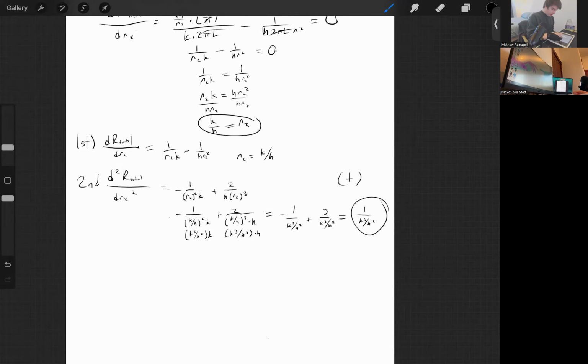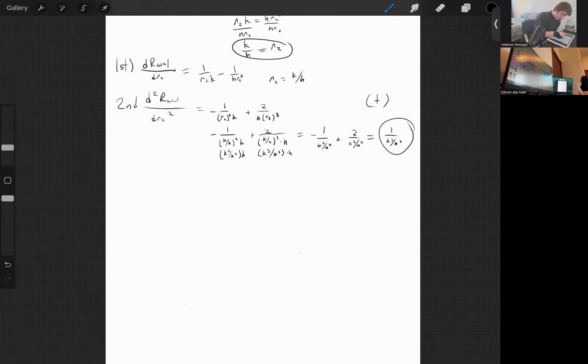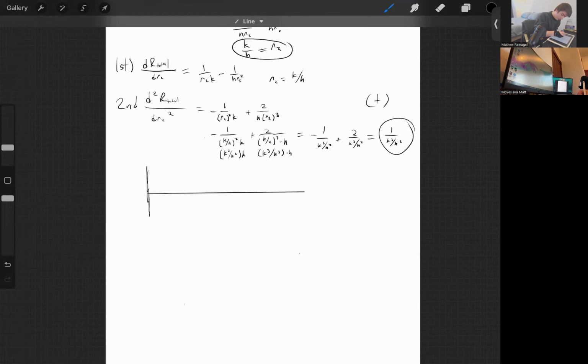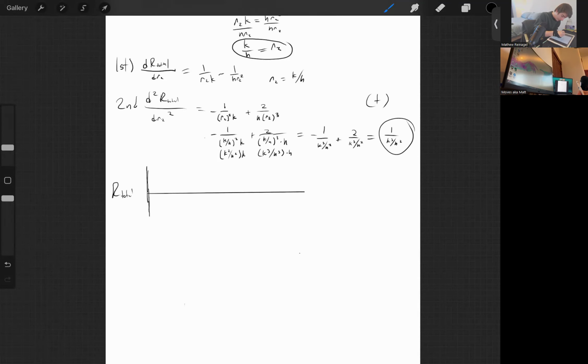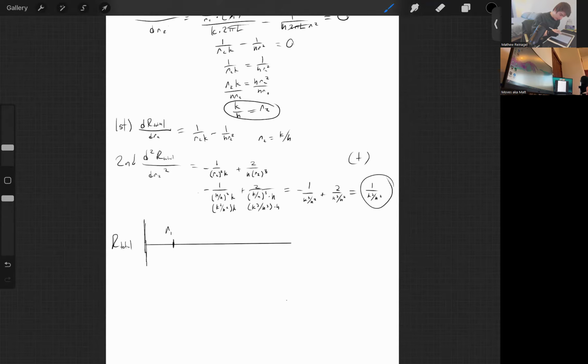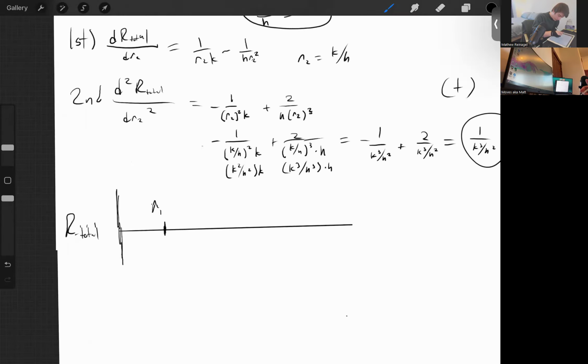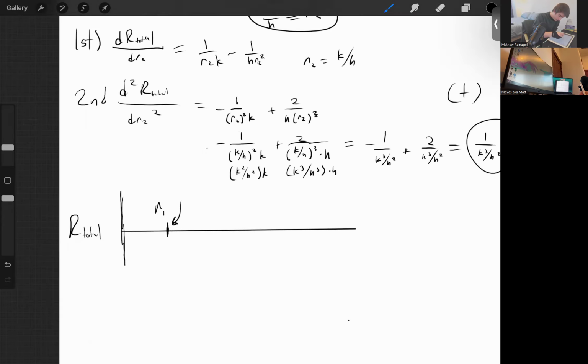So why is this a headache? Well, let's sketch it and visualize this. We have our R total, and let's say this is at R1. At this point we have the thermal convection, which in this case is going to be 1 over H A, which is 1 over H 2 pi L R1.